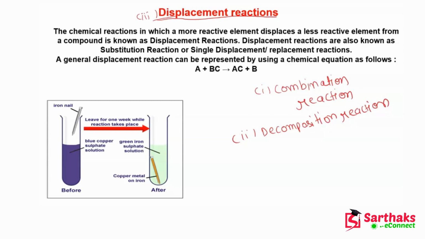The element which is more reactive will displace the element from its compound which is less reactive. Now, the question is, how can we define the reactivity? So, I am writing here the list of the elements according to their reactivity.